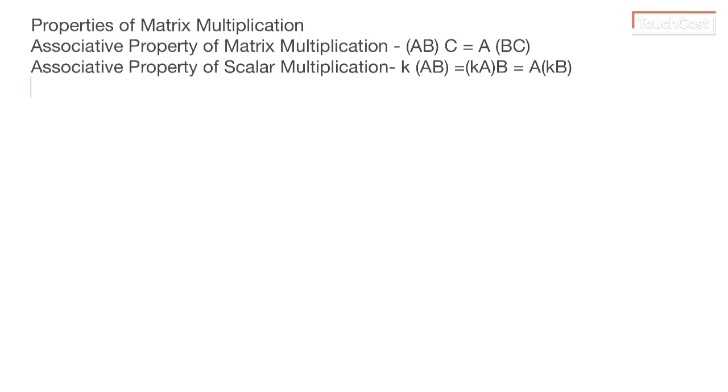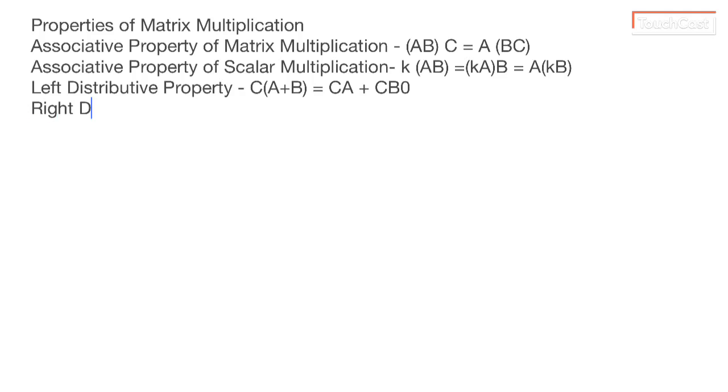We've also got different distributive properties. So we can say we've got the left distributive property, where we say if we take matrix C and multiply it by matrix A plus matrix B, the result is C times A plus C times B. So if we've got a left distributive property with matrix multiplication, we also have a right distributive property.